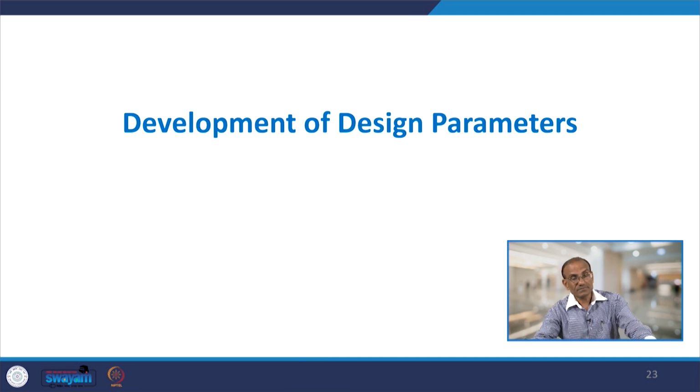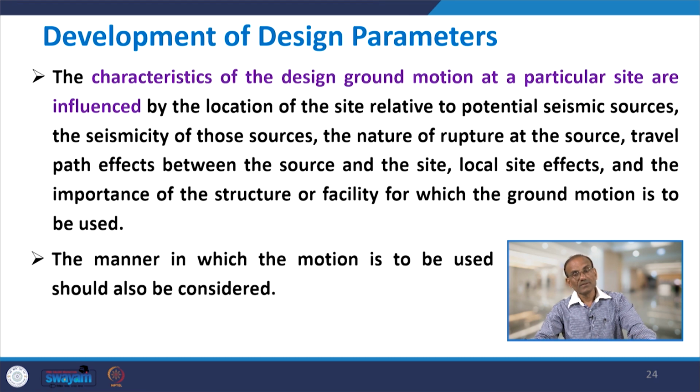Now, we continue with the development of design parameters. As far as the development of design parameters is concerned, what are the parameters of the design ground motion at a particular site?